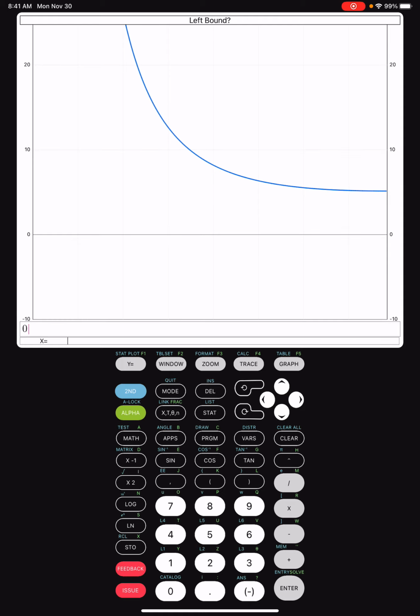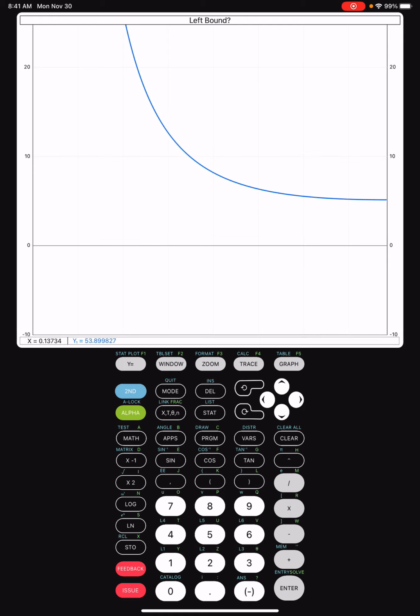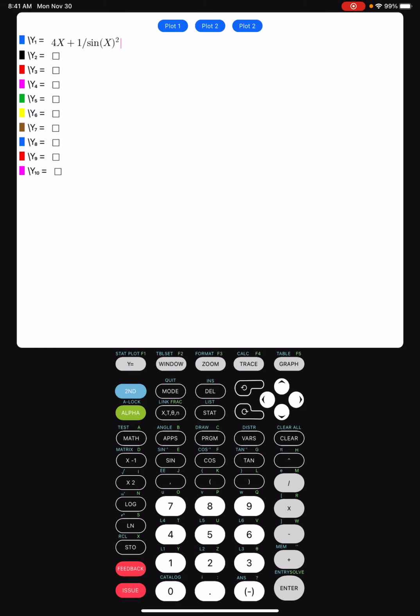Left bound, 0, please. Why doesn't it like my left bound? 4x is my function, right? Plus secant squared.